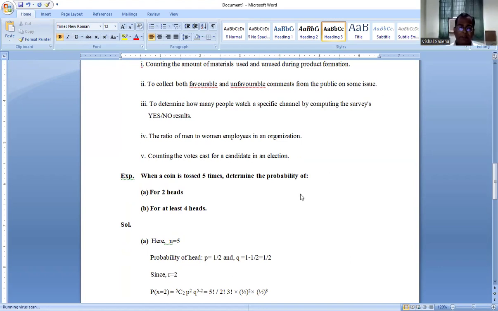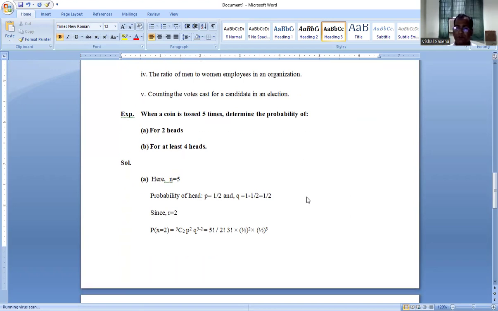For a single coin, the probability of a head is 1 by 2, so p is equal to 1 by 2. Therefore the probability of not getting a head is q, and q is 1 minus 1 by 2, that is 1 by 2. So these are the two possibilities, head and tail, and we have calculated their probabilities p and q.